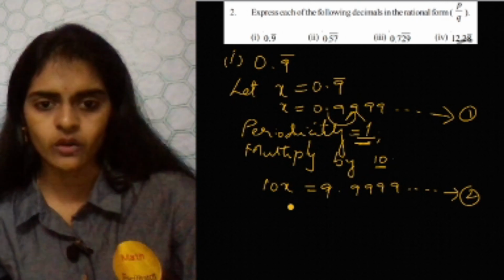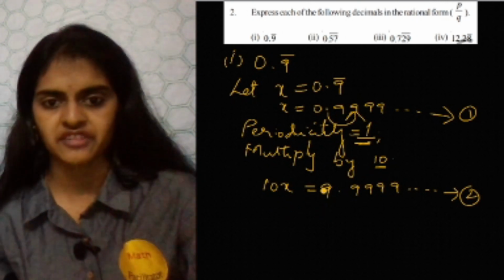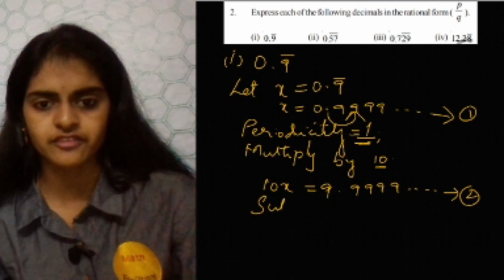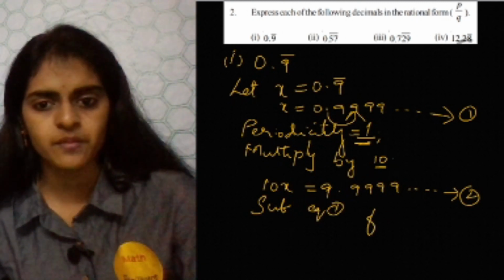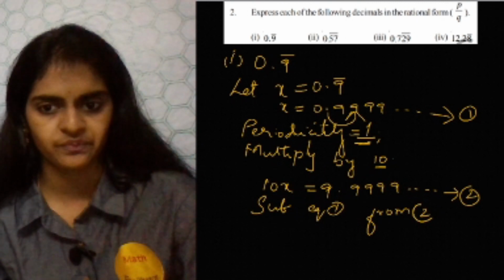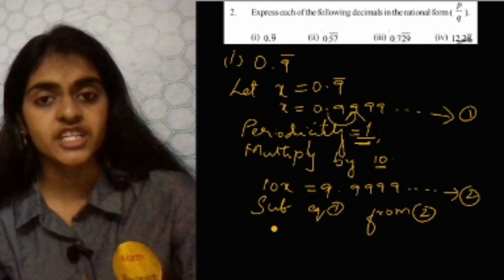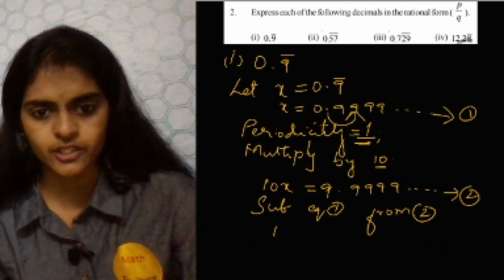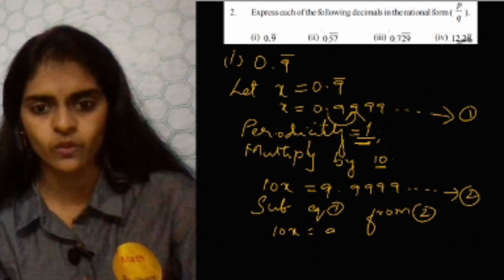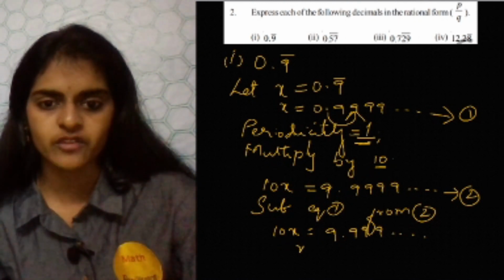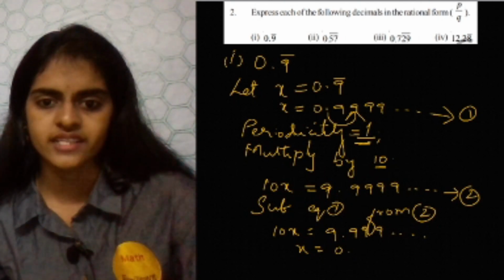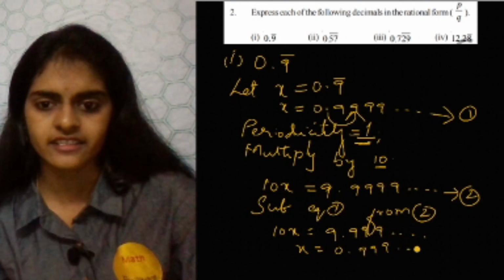Clear? So now you have equation 1 and equation 2. The next step is to subtract equation 1 from equation 2. Equation 2 is 10x is equal to 9.999 and so on, and equation 1 is x is equal to 0.999 and so on.